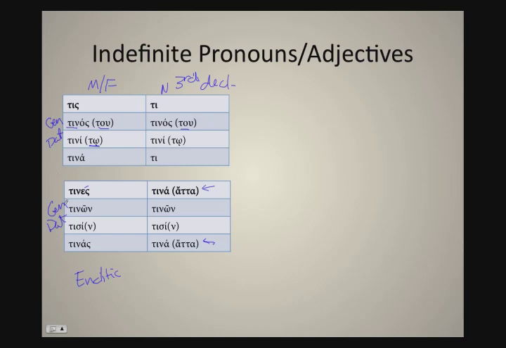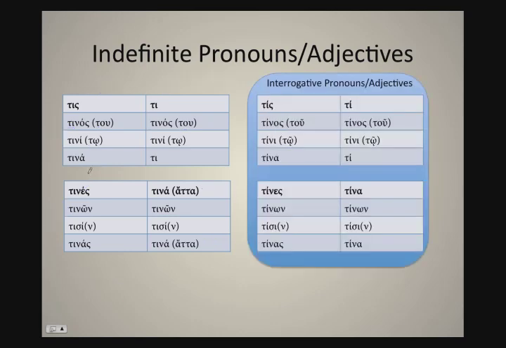When you are reading, what you should really look for is, is it accented funnily or is it accented on the first syllable? If the word you're looking at is accented on the first syllable, what you're actually dealing with are interrogative pronouns or adjectives. So you'll notice the forms are identical. Tis, ti, tinos, tinos, tini, tini, tina, ti. But they have an accent on the first syllable.